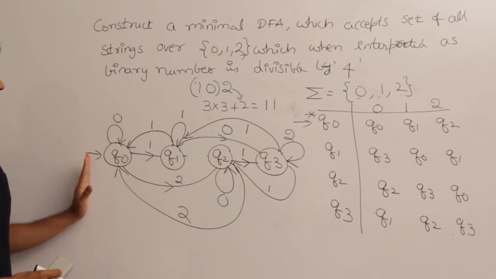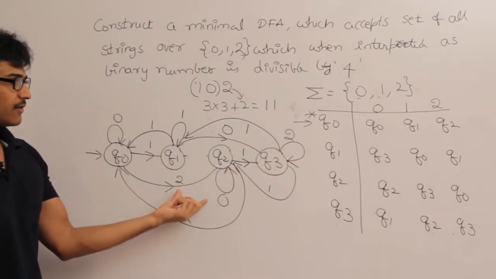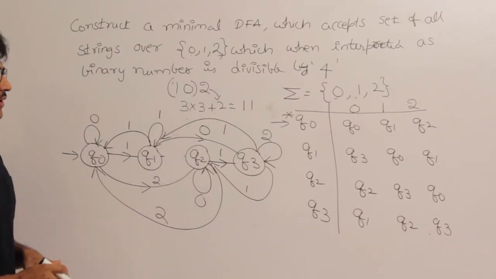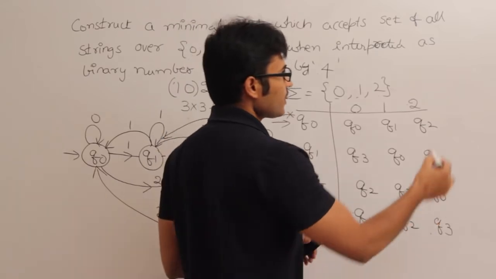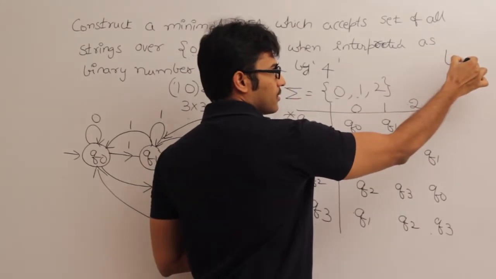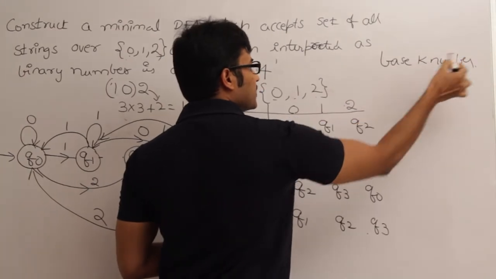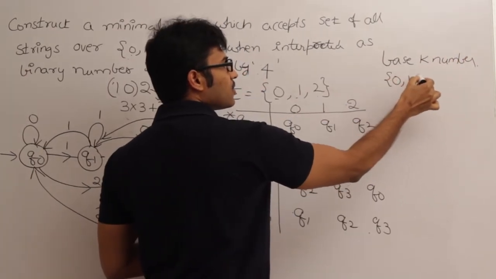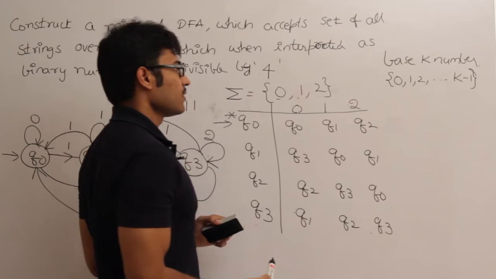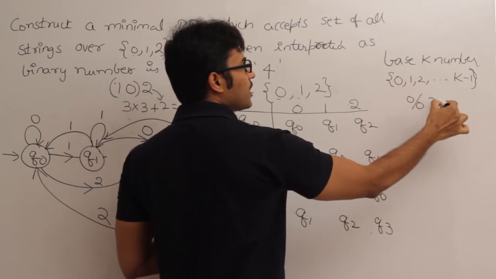If you look at this, this method actually works. Writing down all these states without drawing the actual diagram works, so you can use this method. This question can be extended to any level. For example, they might give some base k number, which means the alphabet will be 0, 1, 2, 3, so on up to k minus 1, and they might ask if the string has to be divisible by, let us say, m.